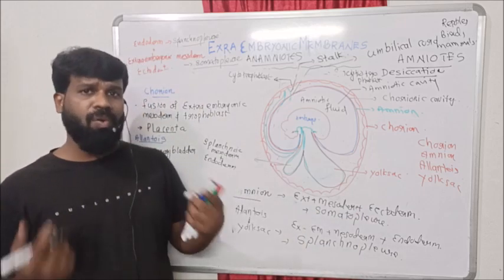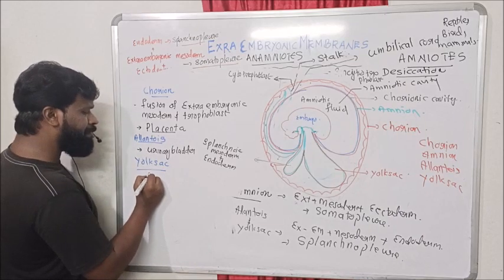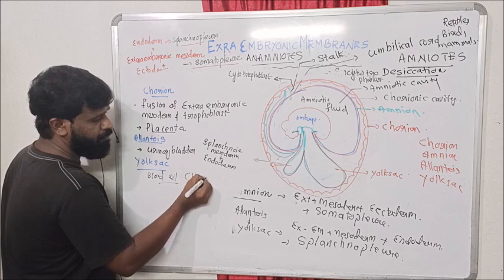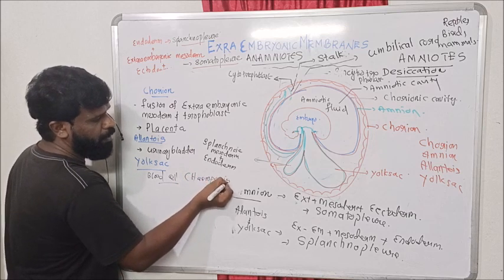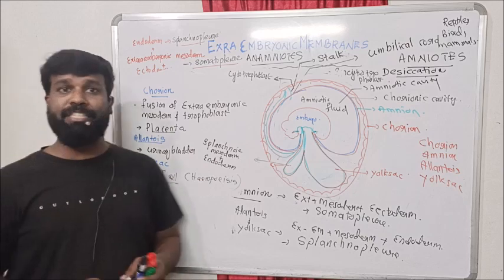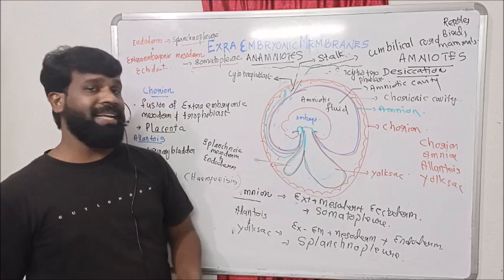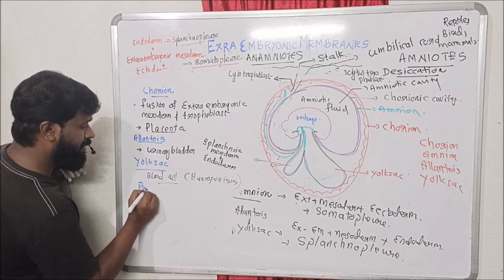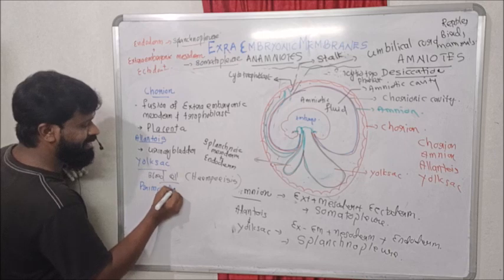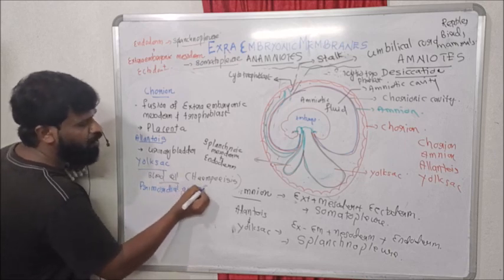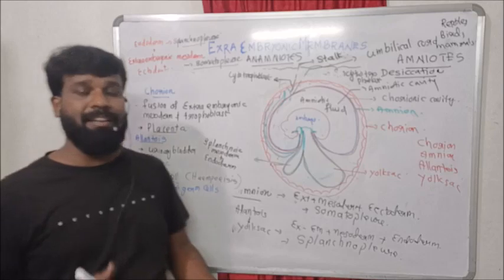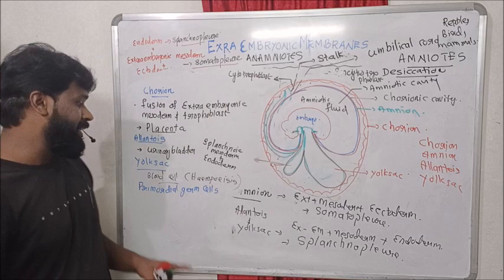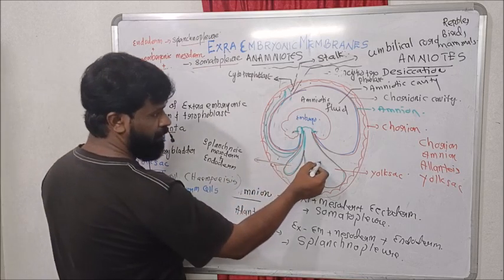The role of the yolk sac: hematopoiesis, or blood cell production, begins in the yolk sac.